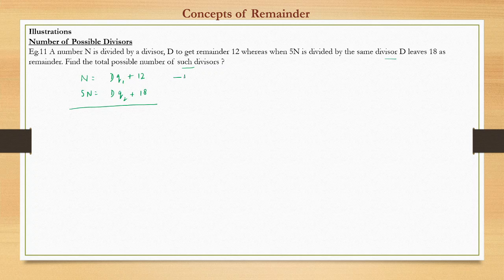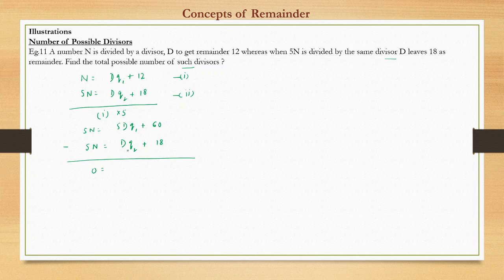If this is the first equation, this is the second equation. So we will multiply the first equation by 5. So it will be 5n is equal to 5dq1 plus 60, and the second equation of 5n will be dq2 plus 18. Now we will subtract this.